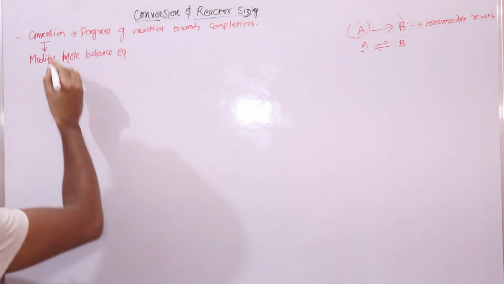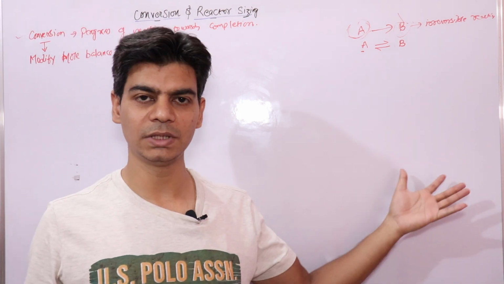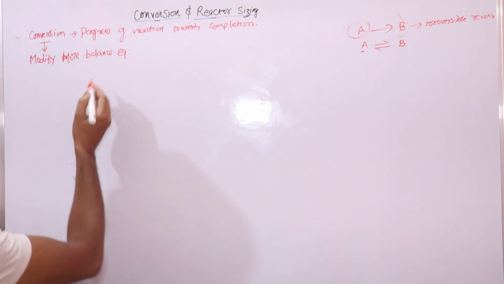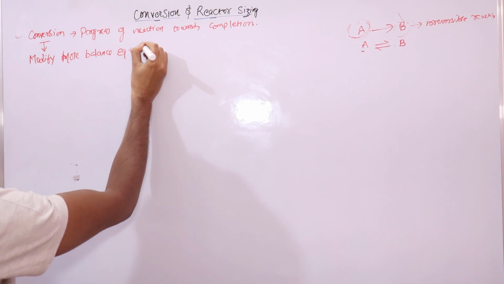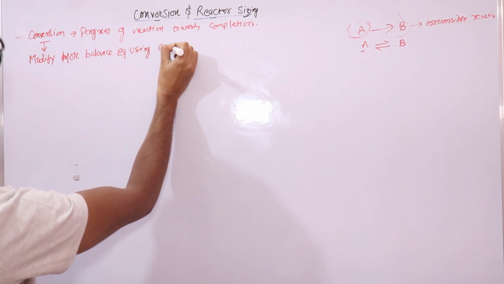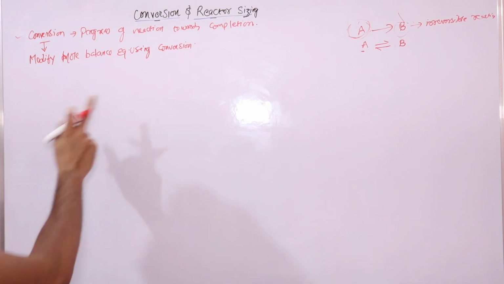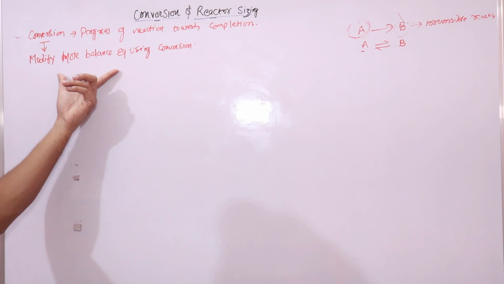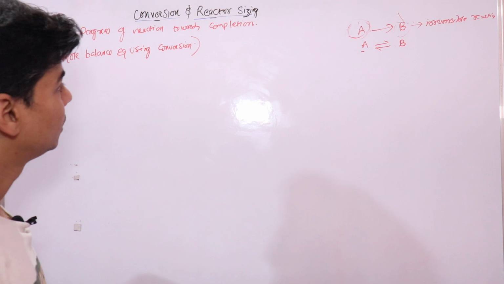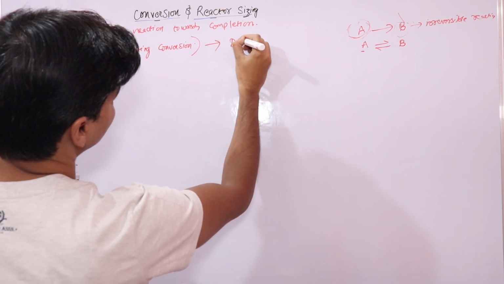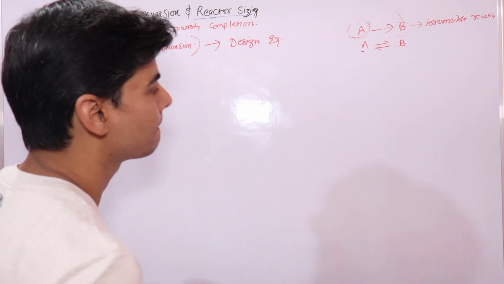Then if you have the conversion, which is again a mathematical form that we will see in a moment, you modify this mole balance equation using conversion. So once you have this equation that has this conversion term, this is your design equation. We say this is a design equation.